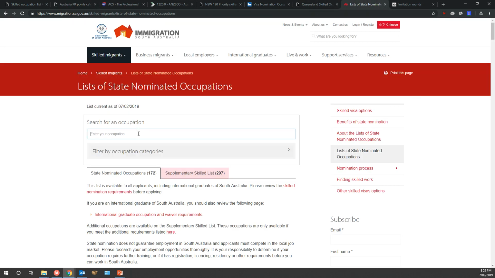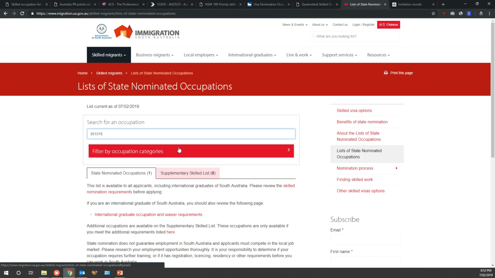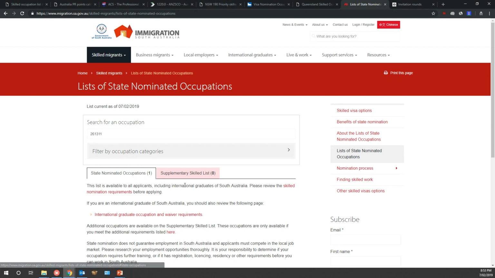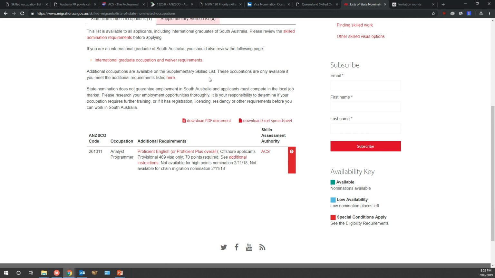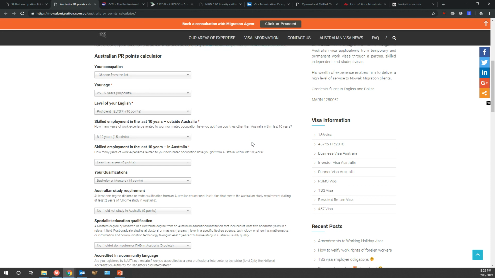South Australia. Let's have a look at South Australia. State nominated occupations. It is on the list of occupations for South Australia. Proficient English or proficient plus overall offshore applicants. Provisional 489 only, 70 points required. So again, 489 only. Okay, it's 70 points.